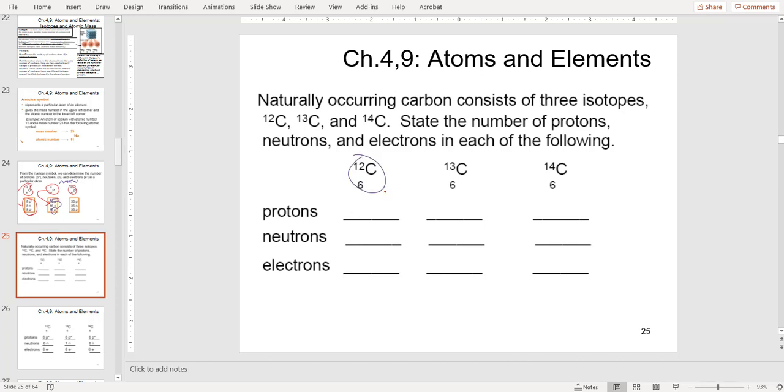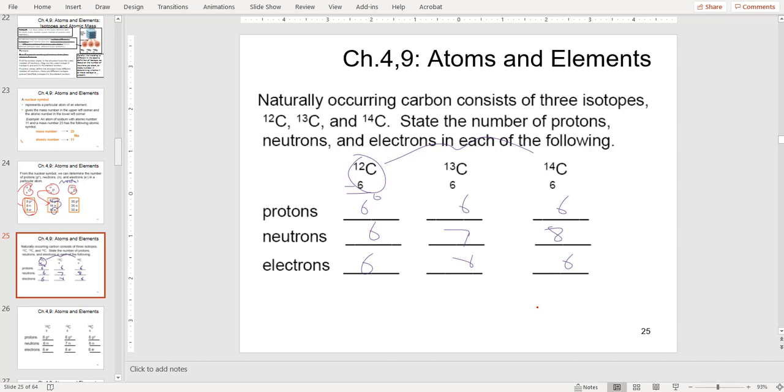So for example, for carbon 12, this is going to have 6 protons, 6 electrons, and then do the 12 minus 6, that's 6 neutrons. So these are 3 different isotopes because they have a different number of neutrons. But notice they have the same number of protons, and because it's neutral, the same number of electrons.